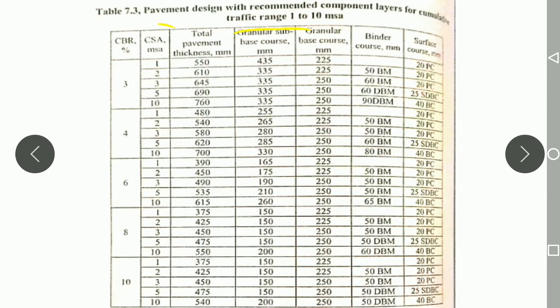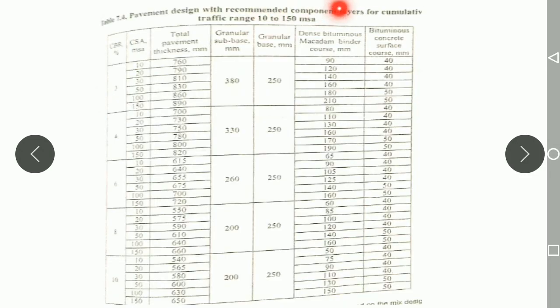If it is 1 to 10, we will use 7.3. If it is 10 to 150 cumulative standard axle value, we will use table number 7.4. This is the brief procedure of designing the pavement by the CBR method, the complete procedure. So let us see the problem on this.